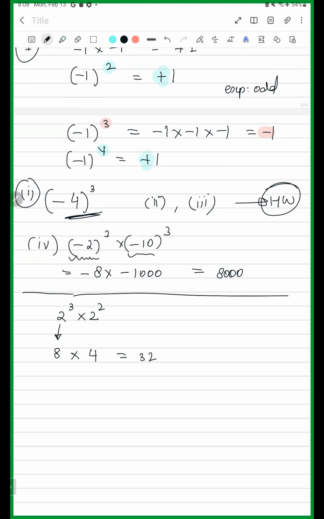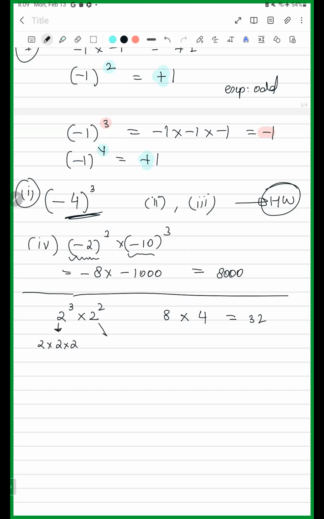Now, Heba, let's try to see this from another perspective. 2 to the power 3 can be written as 2 into 2 into 2.